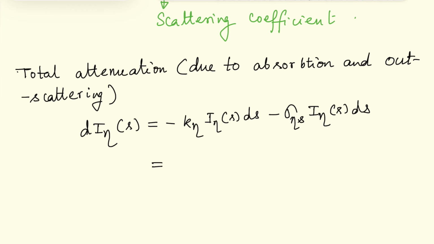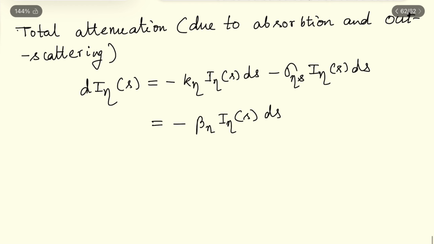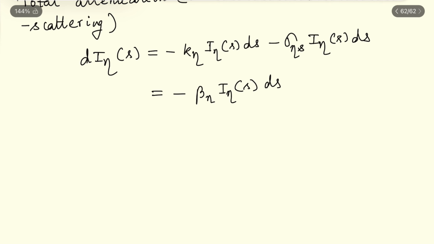I can take common and write minus βη Iηs ds, where βη is equal to kη plus σηs.